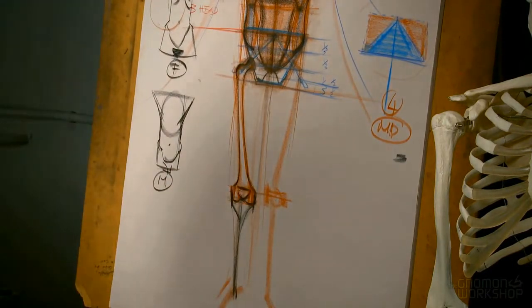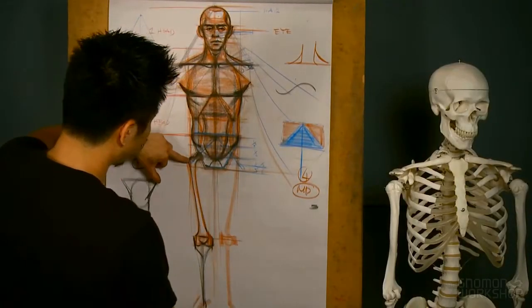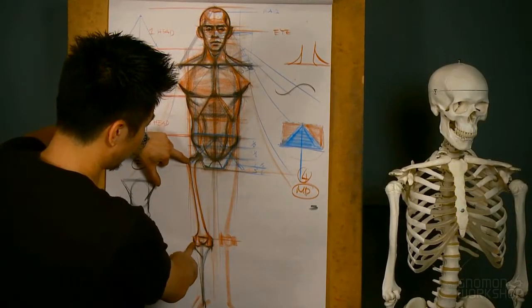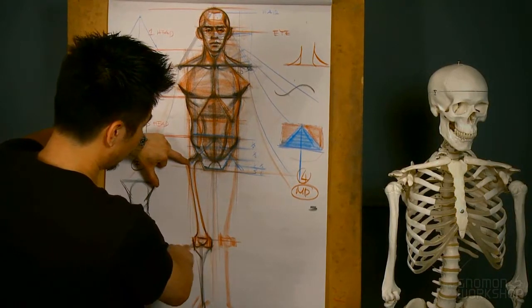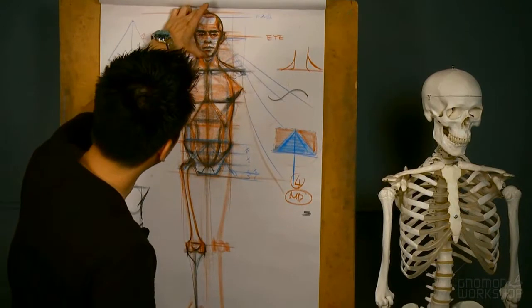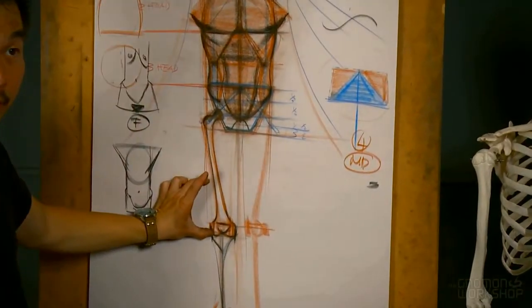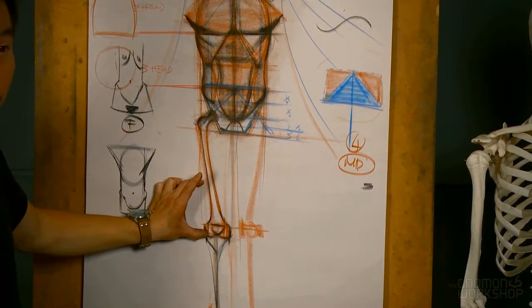Okay, and for the legs, from the greater trochanter to the bottom of the knee is 2 heads. You need to make sure it's about 2 heads. You cannot screw up that proportion.